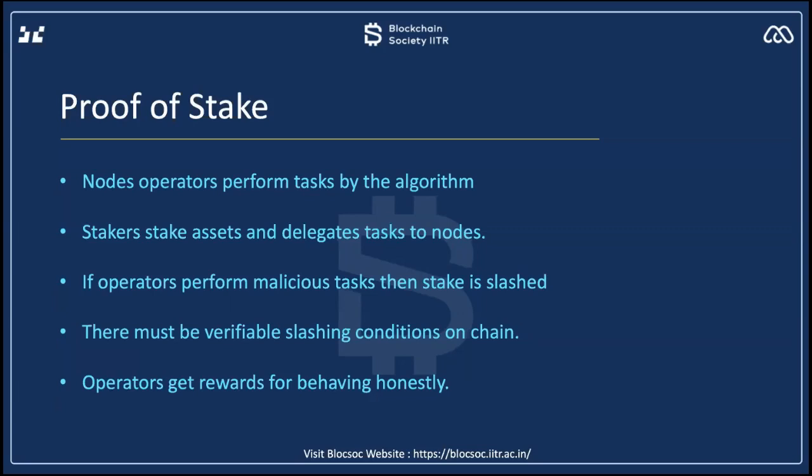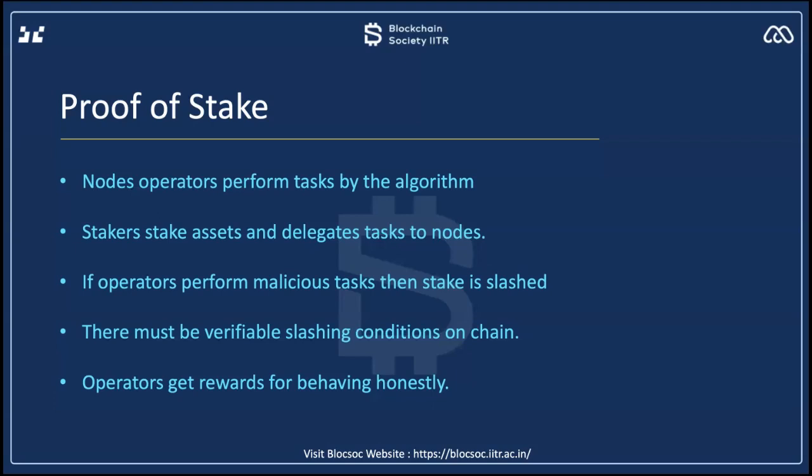All the operators in this network have to obey that algorithm. There are stakers that stake assets and then delegate tasks to nodes. These nodes must have an incentive not to cheat, so they are asked to put some capital down as collateral. Oftentimes, these operators get rewards on their stake for doing these tasks, because why would they do it if they didn't get rewards?